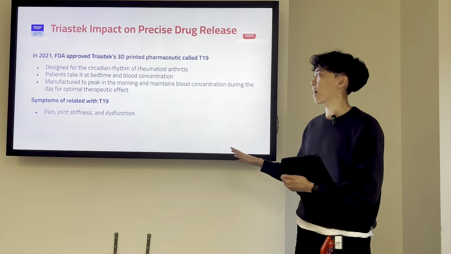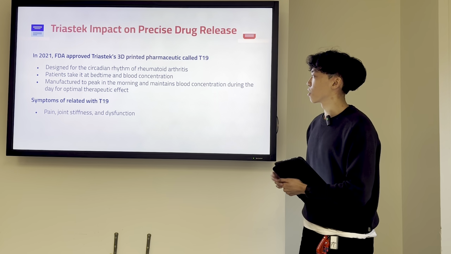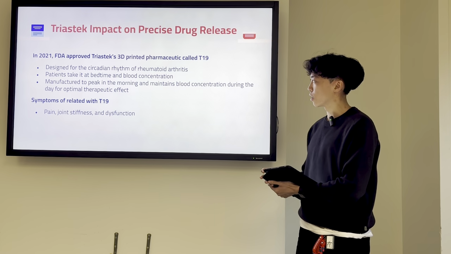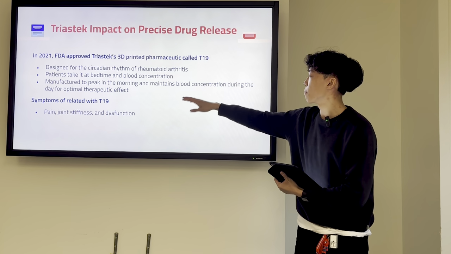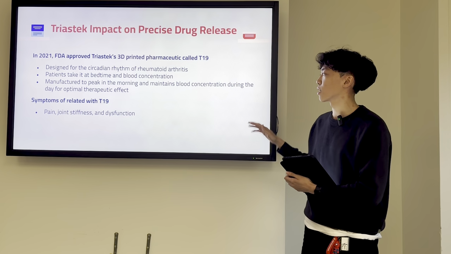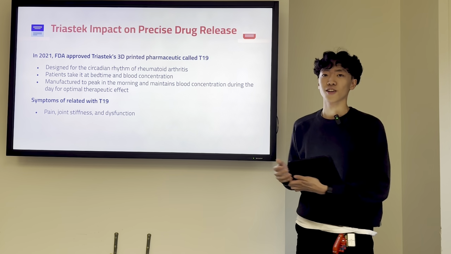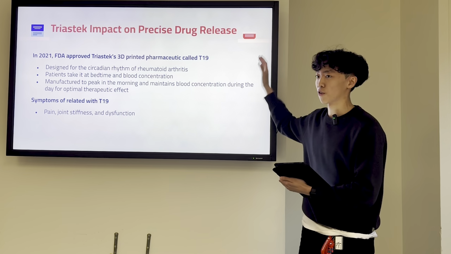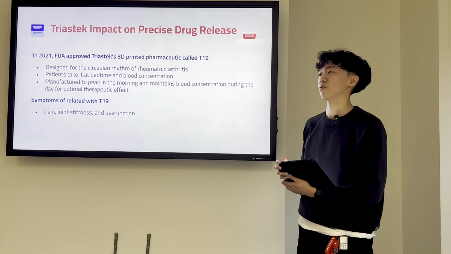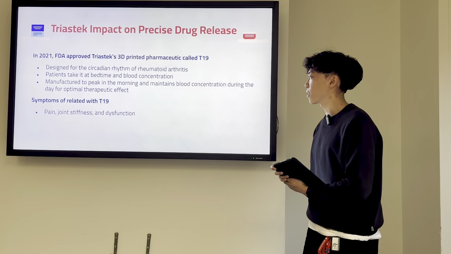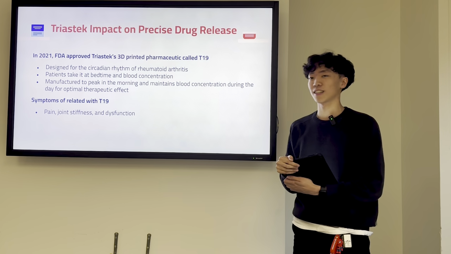Patients take it at bedtime, and their blood concentration peaks during the morning, and it maintains blood concentration during the day for optimal therapeutic effect. This is not the first, but one of the 3D printed drugs that are actually being used today. Symptoms related to it are pain, joint stiffness, and dysfunction.